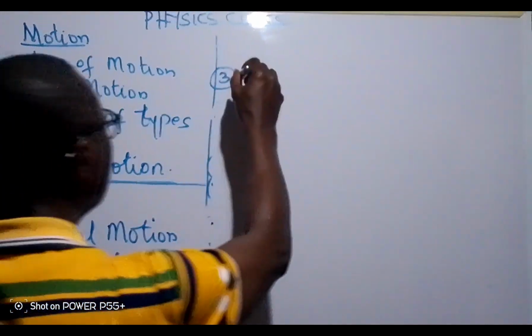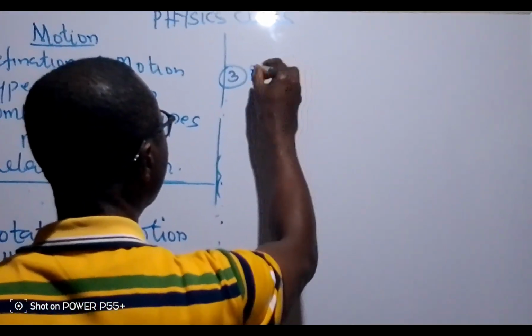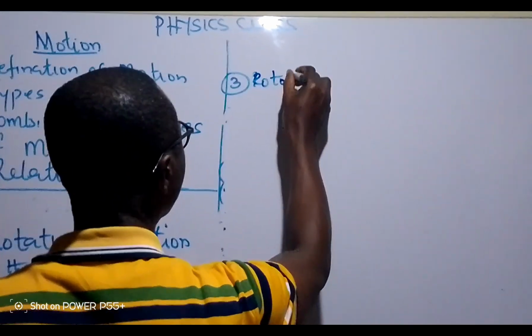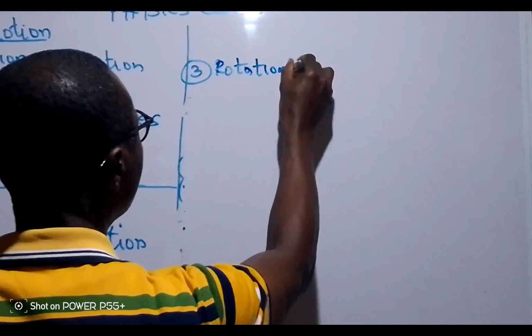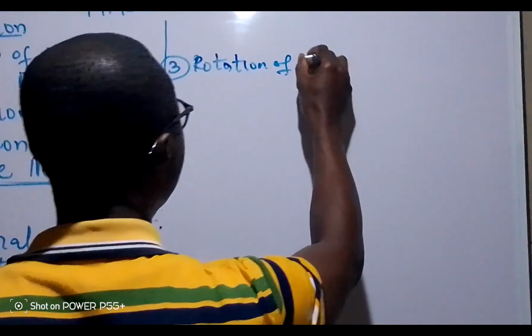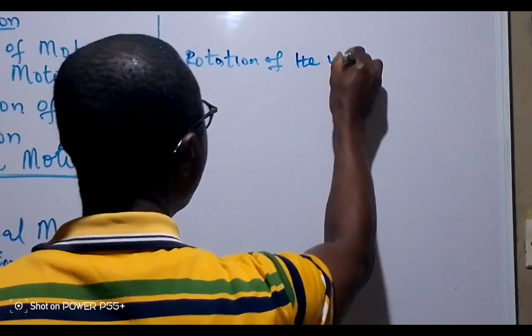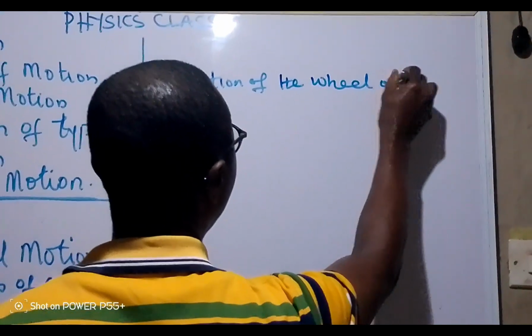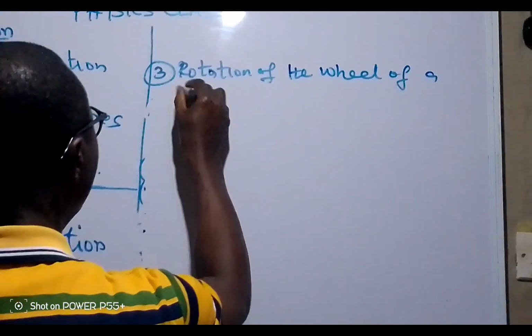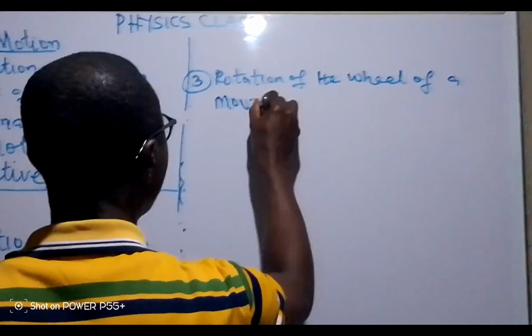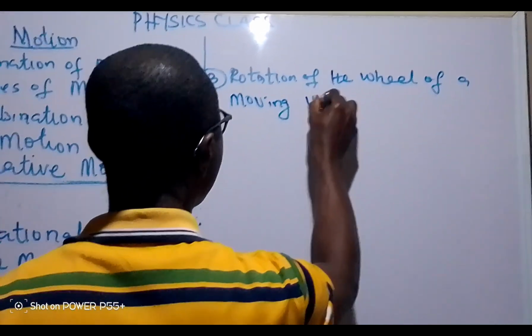Number 3, rotation of the wheel of a moving vehicle.